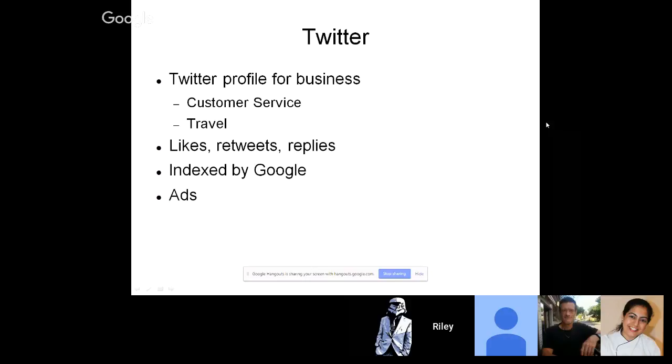The other reason you might really want to use Twitter, and this applies to Facebook as well, is if your business travels in any way. The best example that I've ever heard of is food trucks. Food trucks need to tell people where they are. Twitter, and Facebook to a lesser extent, are a great way of informing fans of where they are next.